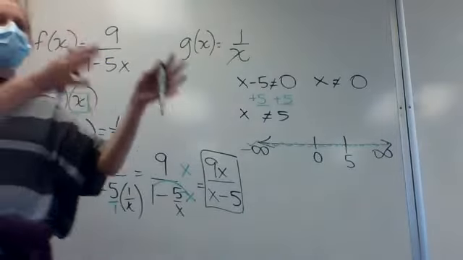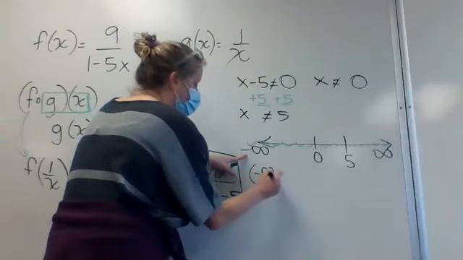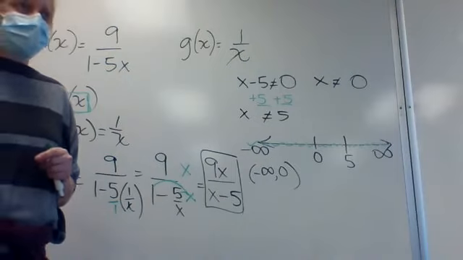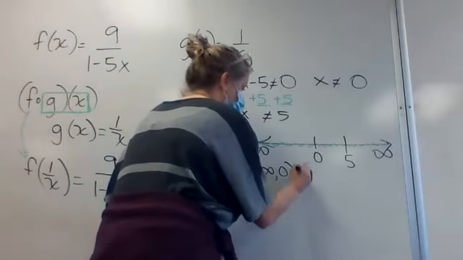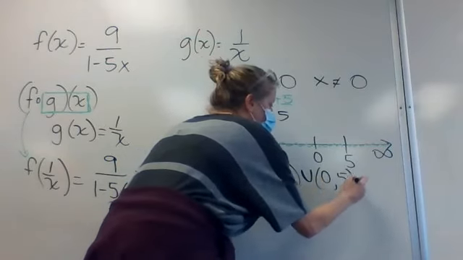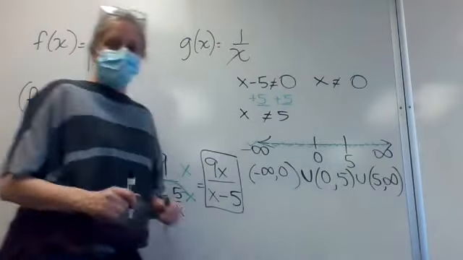So I'm going to have 3 separate intervals. This first one's going to be negative infinity until I get to 0, and, which is the U, in between 0 and 5, so 0 to 5, and 5 to infinity.